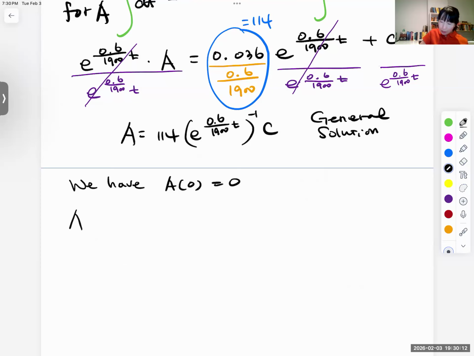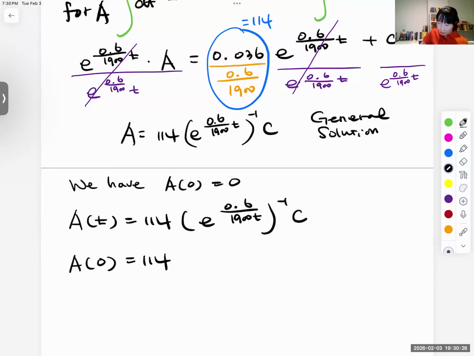So we have a of t equal to 114 e to the 0.6 over 1900t to the negative 1 power c. So a of 0 equal to 114 e to the... oh my gosh, t is not there, right? T is supposed to be here. So 0.6, 1900 T, which is 0, right?